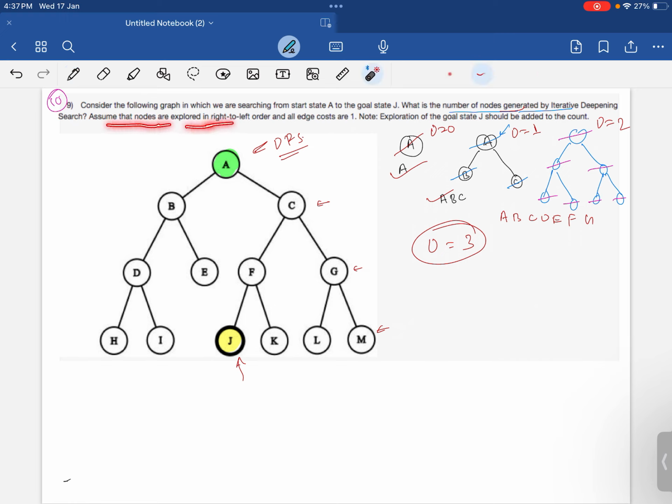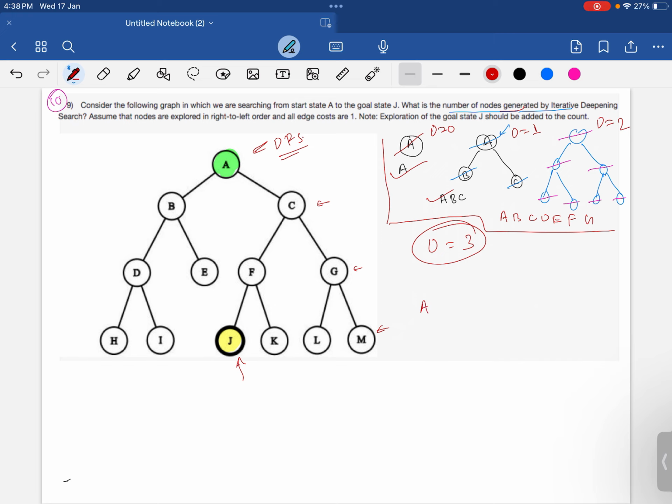Assume that nodes are explored from right to left. Let's run the DFS on this. I didn't care about this until now because we didn't have any goal, so anyhow we were going to visit each node at each depth.